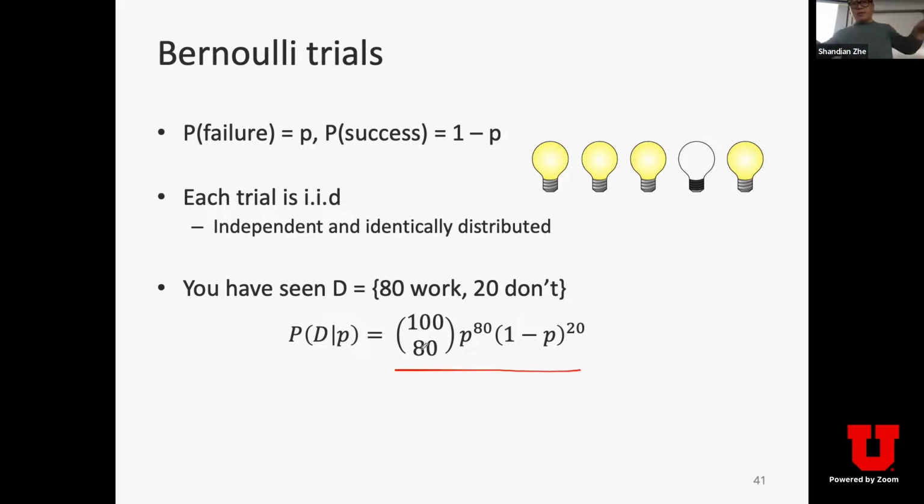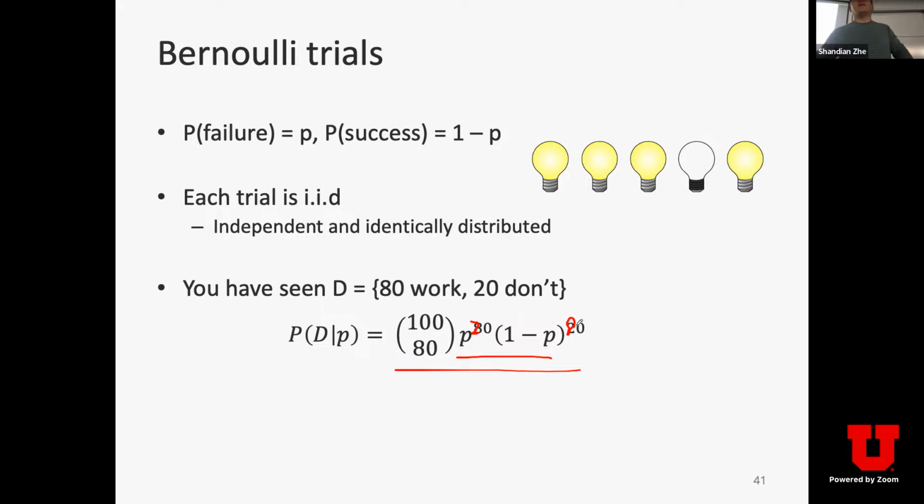And for each particular sequence of outcomes, the probability will be, sorry, this should be p to the 20 and 1 minus p to the 80. This makes sense, right?